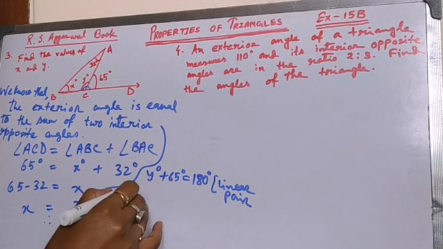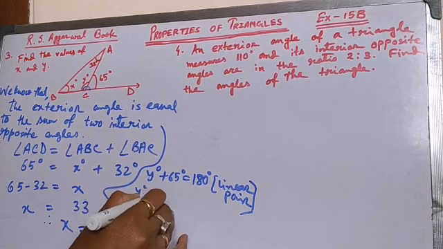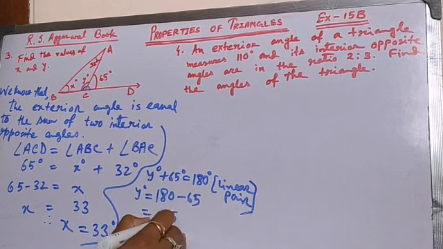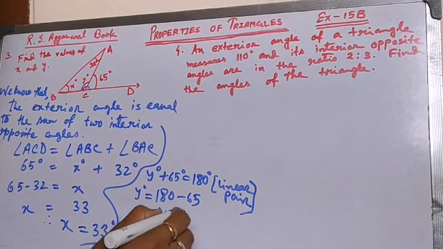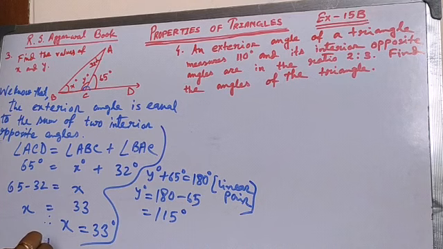Then y degree equals 180 minus 65, that means 115 degree. Therefore, the value of x is 33 and y is 115.